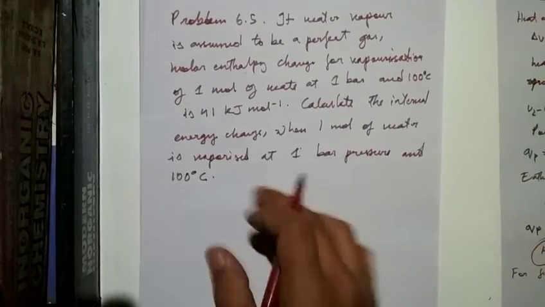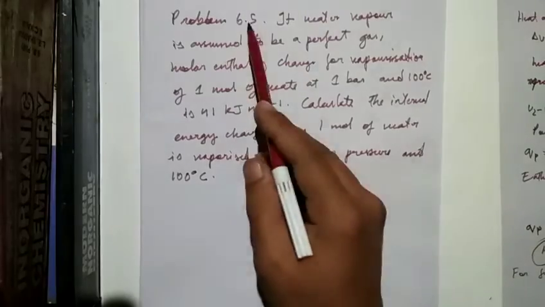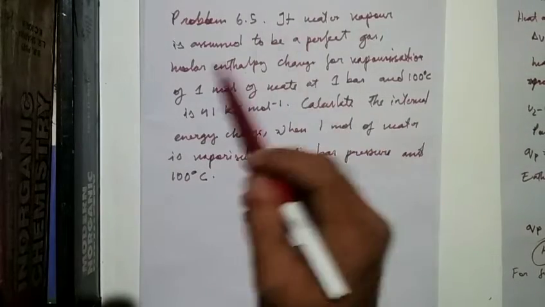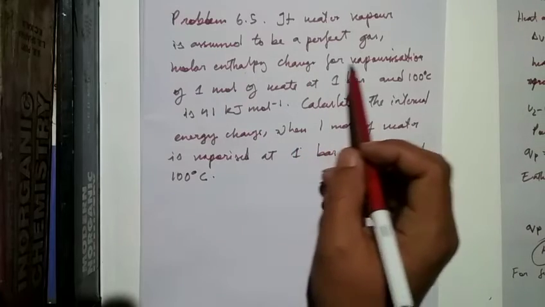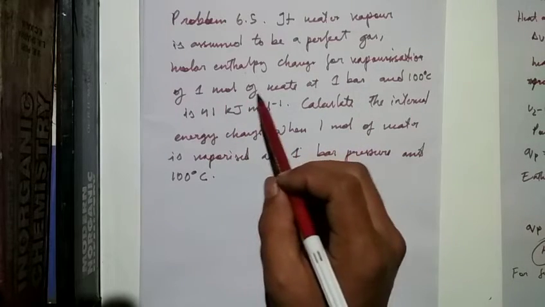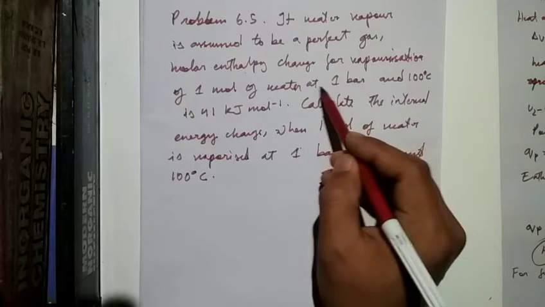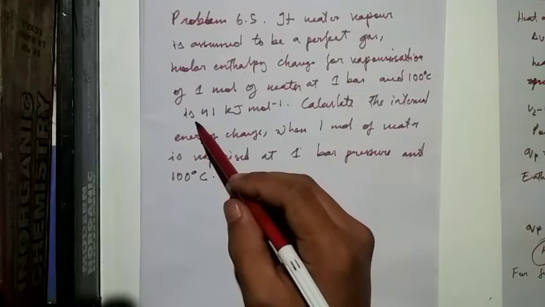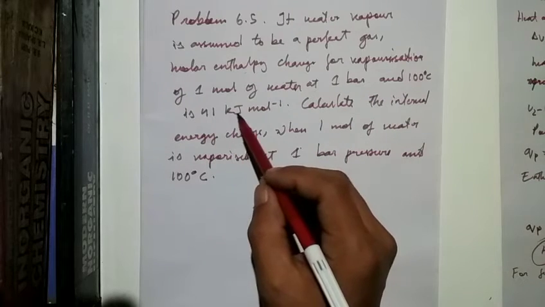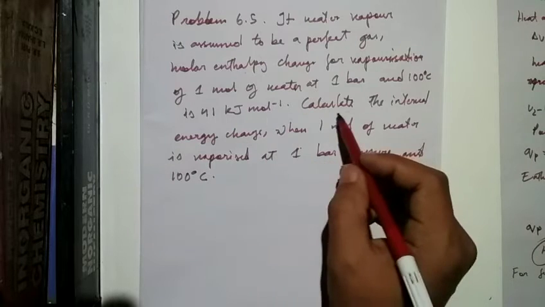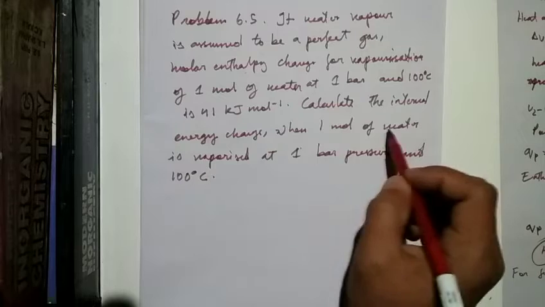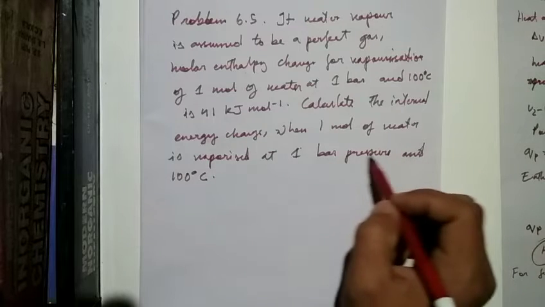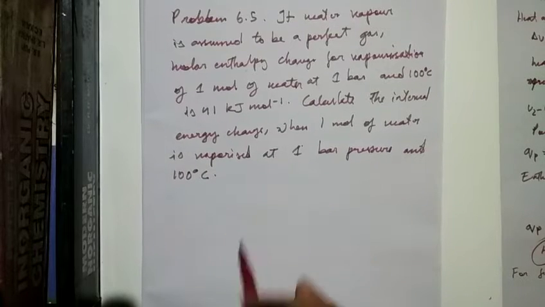Let's see one problem. Problem 6.5. If water vapor is assumed to be a perfect gas, molar enthalpy change for vaporization of 1 mole of water at 1 bar and 100 degrees Celsius is 41 kilojoule per mole. Calculate the internal energy change when 1 mole of water is vaporized at 1 bar pressure and 100 degrees Celsius.